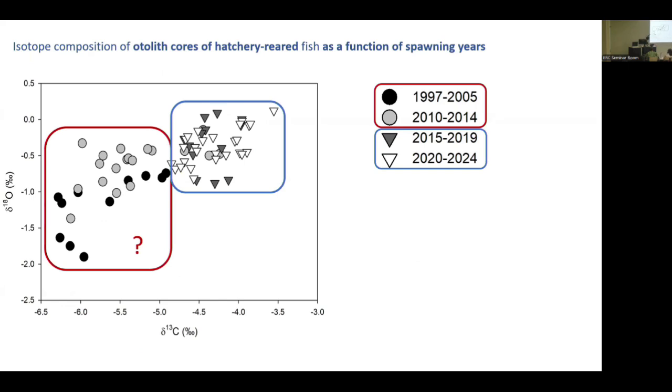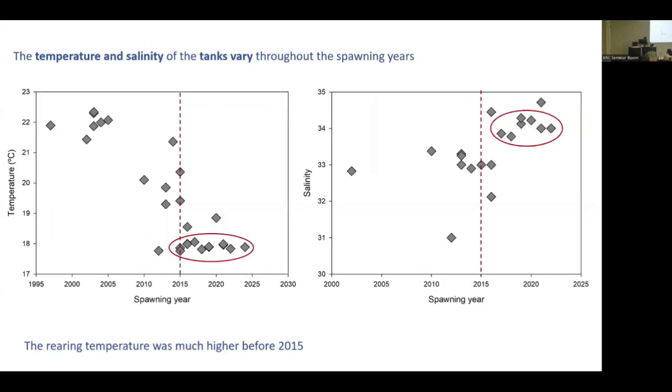In the oxygen, we don't have that much variation, but this is something very different in both isotopes. So trying to understand those values, we go back to the hatchery tank temperature and salinity. And I'm showing here the spawning years of each fish and the temperature and salinity.